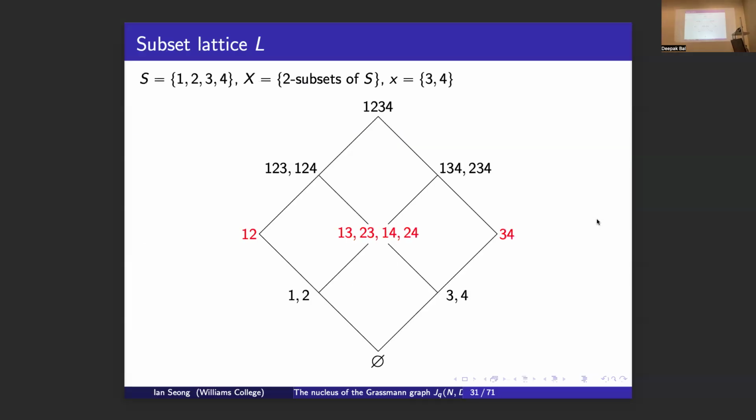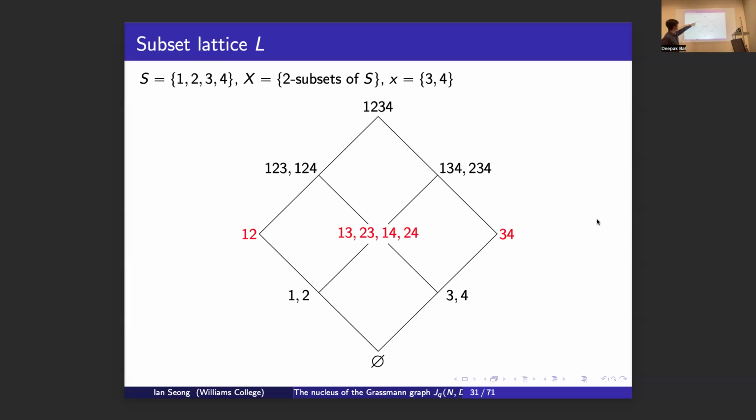Okay, so here's a diagram. We set X to be {3,4}. That's the vertex that we fix, and that's going to be on the right. Then we place everything in the subset lattice into a nice rectangular picture. In this case, it's a square because we're looking at a 2 by 2. At the bottom, we have the empty set. At the top, we have the whole set. Let's point out, for example, the subset {1,2,3}.